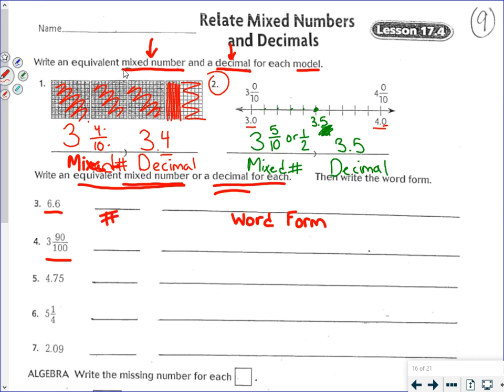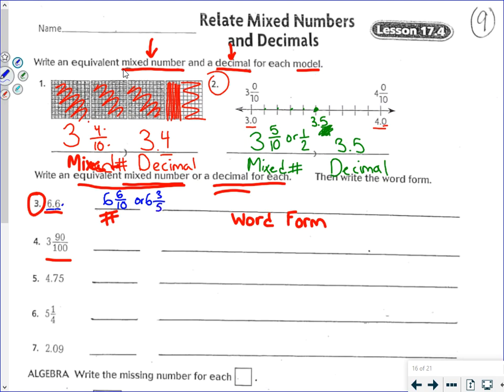Okay. All right. So let's do number 3 together here. So I see we have 6 in our 1 spot and 6 tenths because we already have the decimal over here, right? So we need to write our mixed number. 6 and 6 tenths can also simplify to 6 and 3/5. Okay?